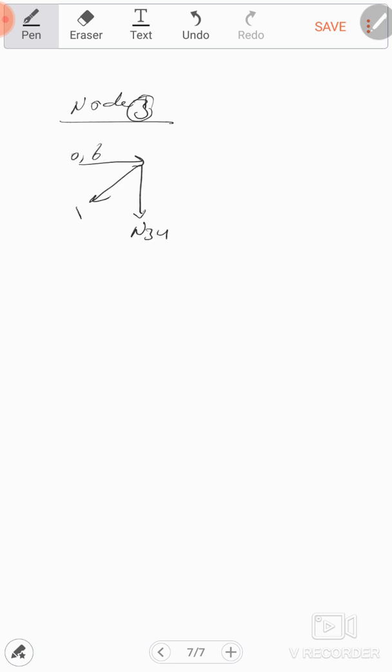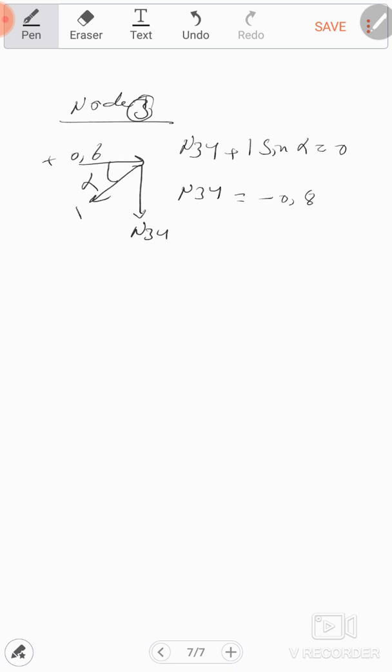I put it in this direction because it's positive. Okay, and the angle is here. So N34 plus 1 sine alpha equals 0. N34 equal minus 0.8.